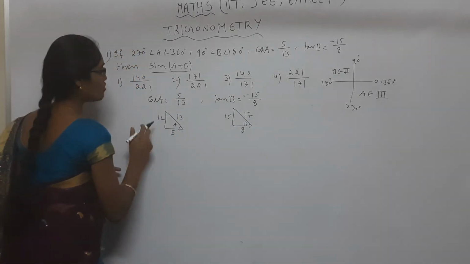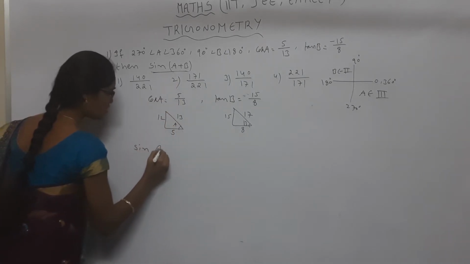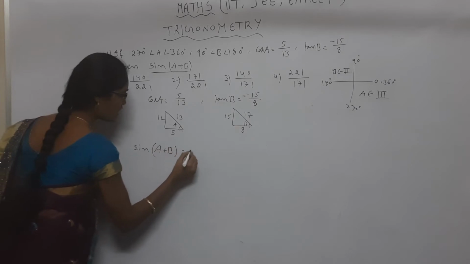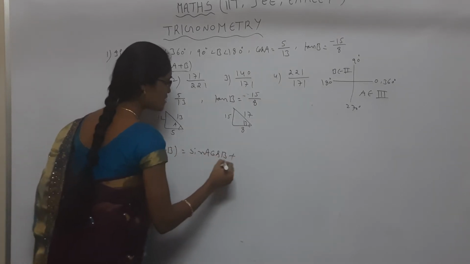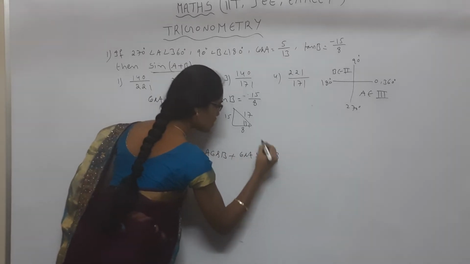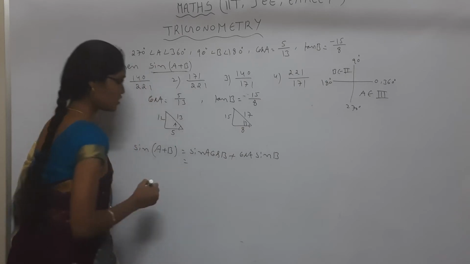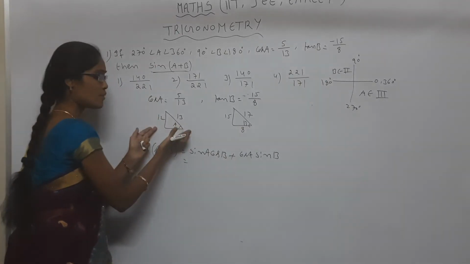From this, what is the formula of sin of A plus B? Sin of A plus B formula is sin A cos B plus cos A sin B. Okay. Now you can substitute the values. Sin A value, you have to take all the A values from this diagram.